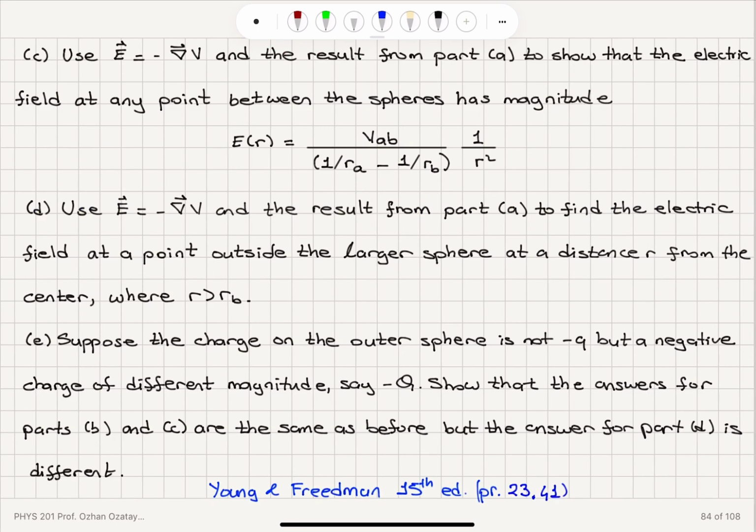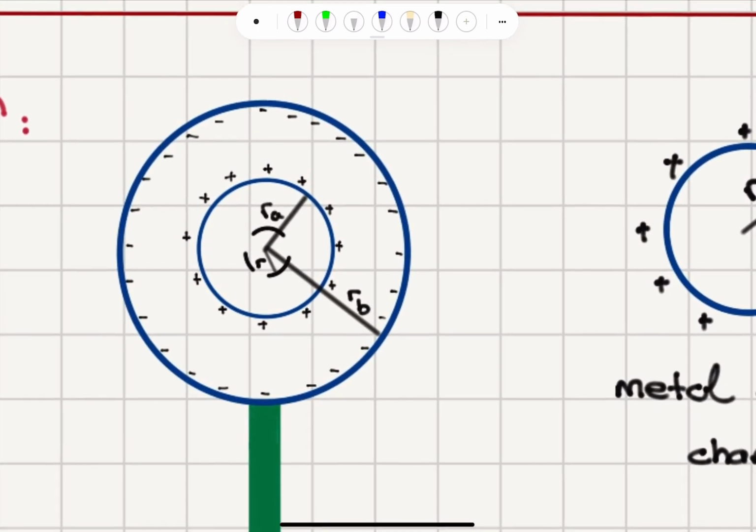So we have two metals. We have a metal sphere, radius r sub a, and we know that in metals, the charge resides on the surface of the metal. So for this solid sphere, we will have the positive charge, charge plus Q, residing on its surface because the electric field inside a metal is zero.